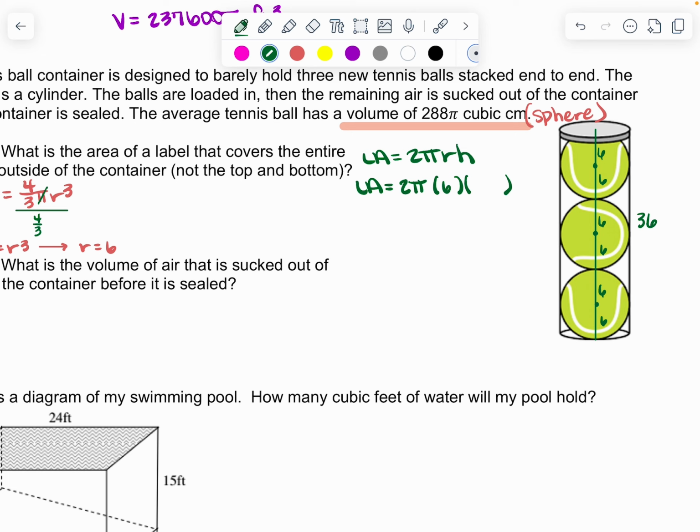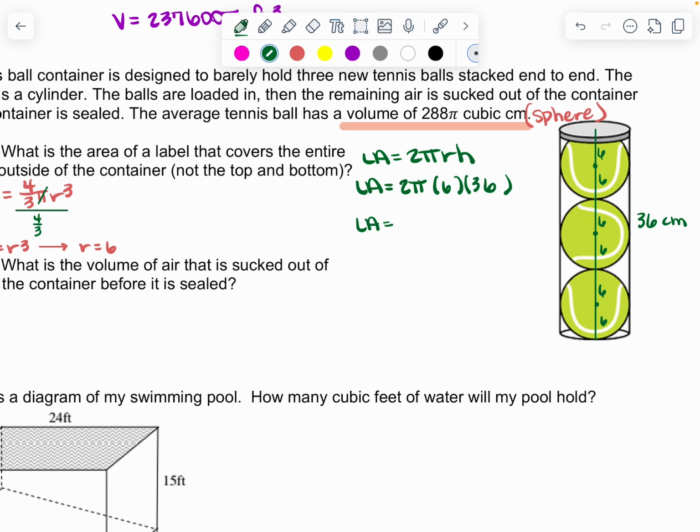They all have a diameter of 12. There's 3 of them, which means our height of the can is going to be roughly 36 centimeters. So we use the radius of the tennis balls to calculate the height of the can. And voila, now we know that that's 36.